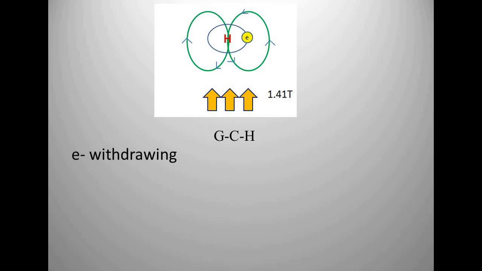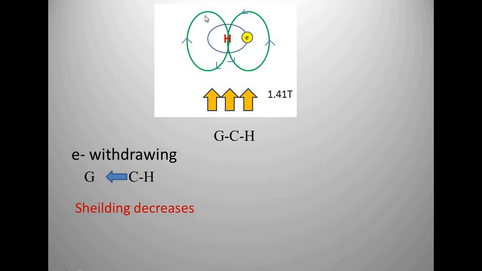Electron withdrawing means a halide or an agent which withdraws electrons towards itself due to the electronegativity difference, such as chlorine, bromine, iodine, fluorine. They are high in electronegativity, so ultimately they pull the electrons towards themselves. So the sigma electron present in the CH bond is pulled towards G because of high electronegativity, and ultimately shielding decreases.